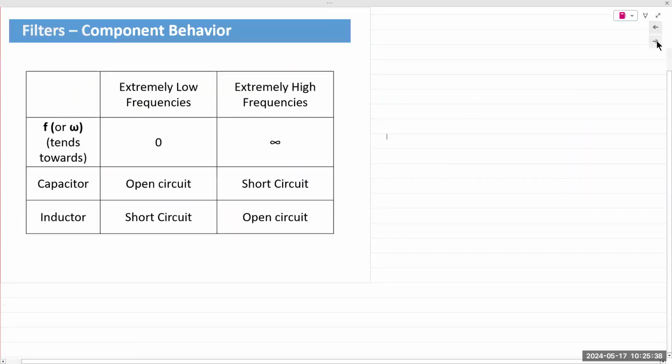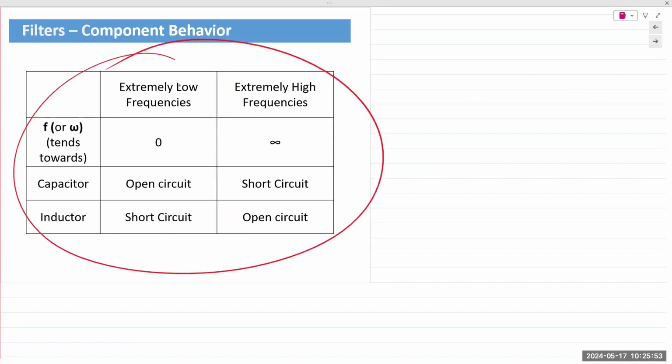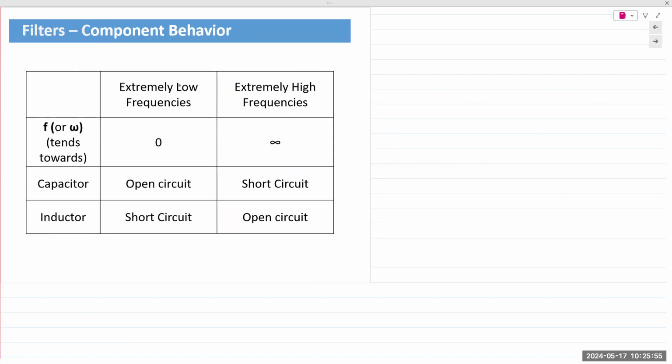Okay, so then let's go into filter circuits. In filter circuits, we're going to use the component behaviors at extremely low and extremely high frequencies. So this is what I like to call a handy dandy table. This handy dandy table will allow you to analyze any kind of filter circuit with a very quick and easy analysis, or at least a rudimentary analysis.